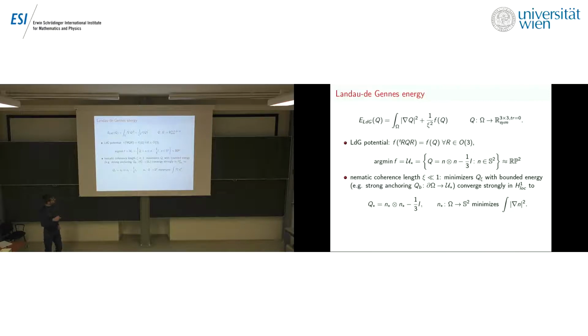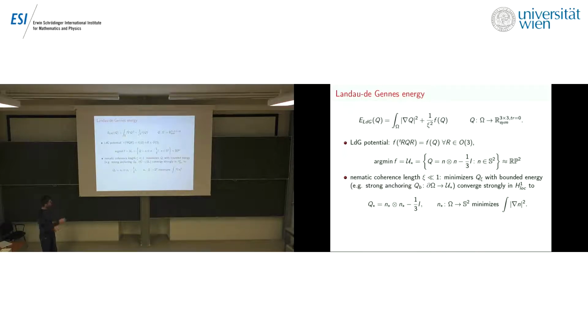I will be very vague about boundary conditions, but when I say minimizers, it is with respect to some boundary conditions. It might be some strong anchoring, or there could be some surface energy. But what you can always say is that if you have a family of minimizers with bounded energy, then as Xi goes to 0, you have strong convergence in H1. This is a compactness result.